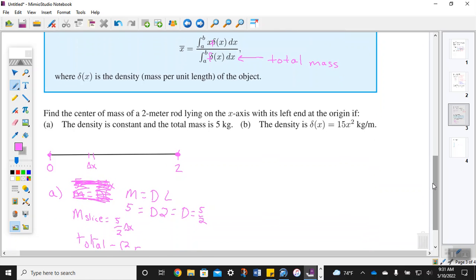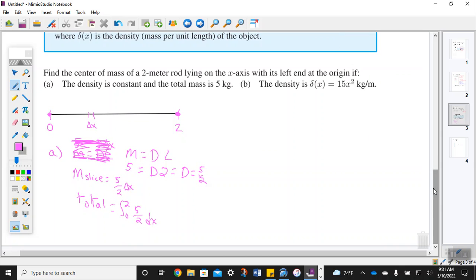Which means to find the center of mass, we have to use the formula. We're going to take the total mass function, f of x, times what? That would be the points, what all the points are. So here's what we end up with for center of mass.